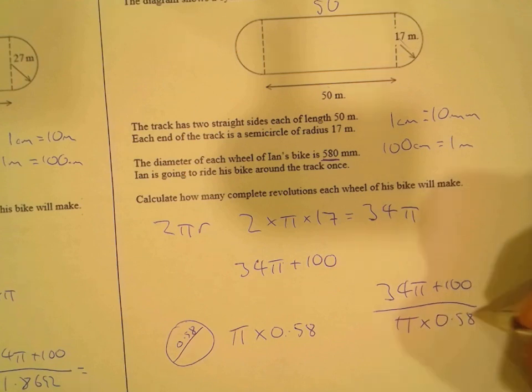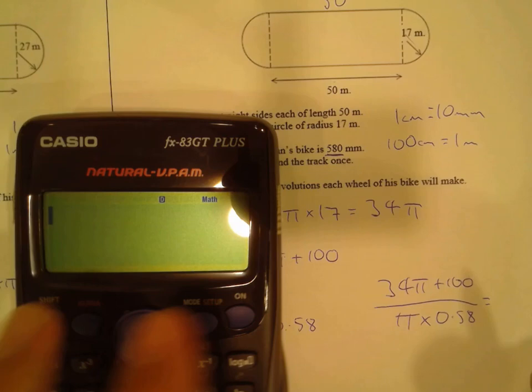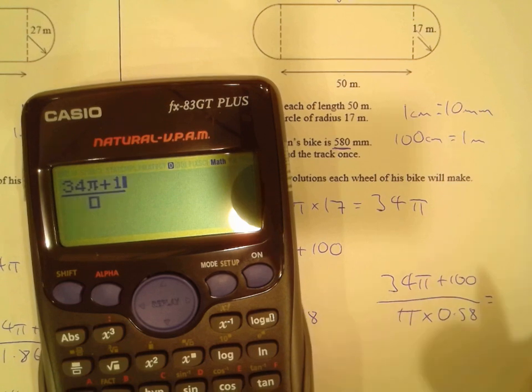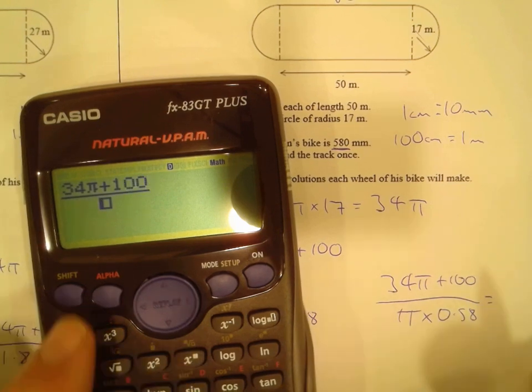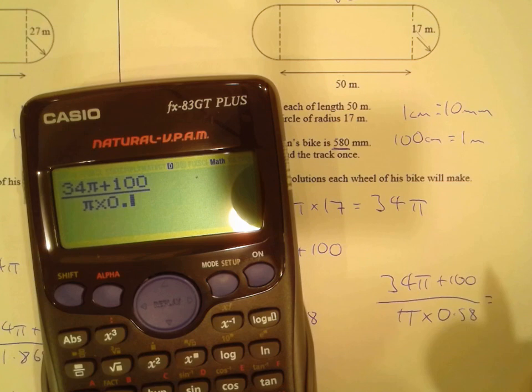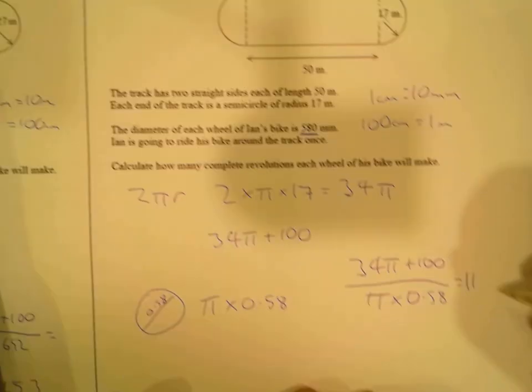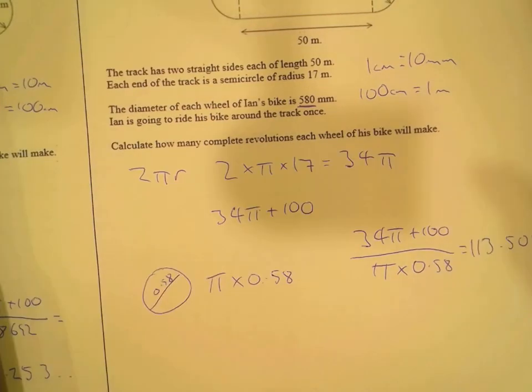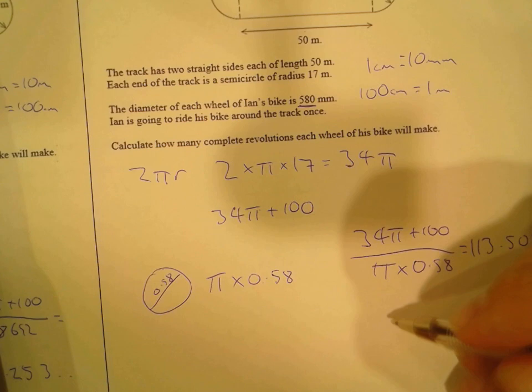I'm going to use my fraction button, and that equals 113.501. The question is how many complete revolutions? It's 113 complete revolutions.